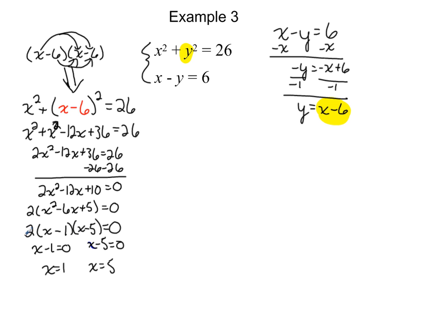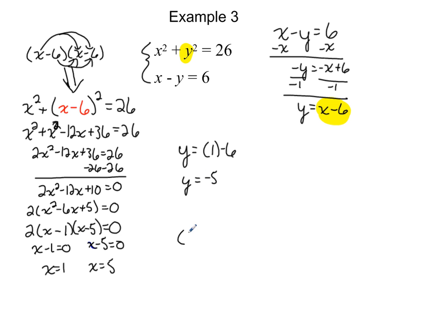Now maybe you wonder where'd the 2 go? Well, I know 2 isn't 0, so one of these two things had to be 0 using my zero product property. So now I'll plug each of these back in for x up here. We're in our home stretch here. So we've got y is equal to 1 minus 6. So when I plug in that 1, I get -5 for y.